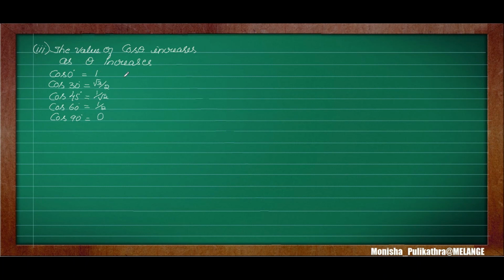So cos 0 degree is 1. Cos 30 degree is root 3 by 2, which is equal to 0.866. Next, cos 45 is 1 by root 2, which is 0.707, cos 60 is 1 by 2 which is 0.5, and cos 90 is 0. You can clearly see that it is decreasing and not increasing: 1, 0.8, 0.7, 0.5 and 0.